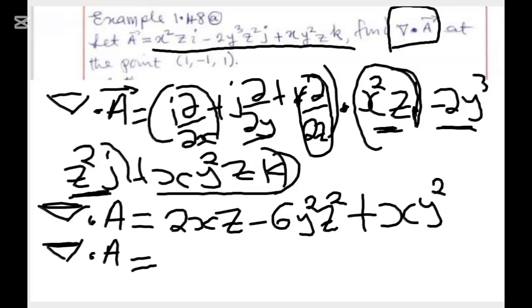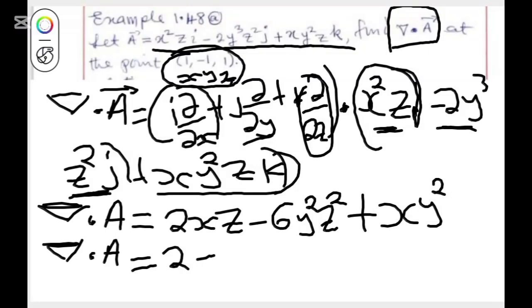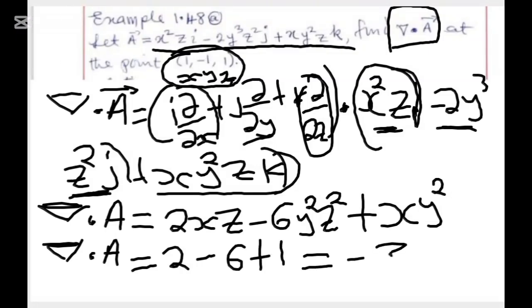Don't forget, this is x, this is y, and this is z for this point. So at the end, if I insert the x, y, and z, I'll get 2 minus 6 plus 1, which is the same thing as negative 3.